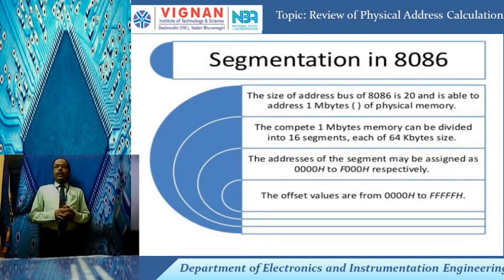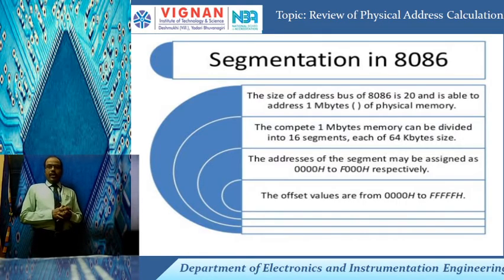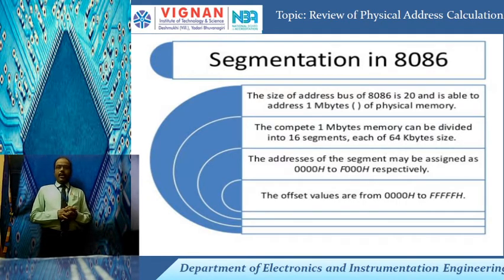The 8086 microprocessor has a 20-bit address bus, so it can access 1 megabyte of memory, that is 10,48,576 locations. Each location can store 1 byte, that is 8-bit data.